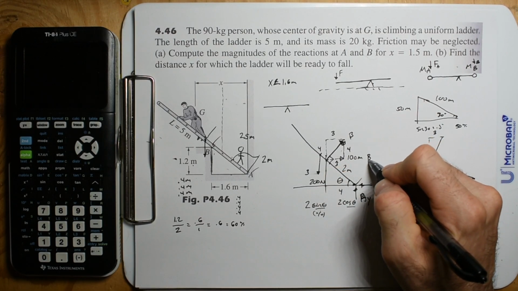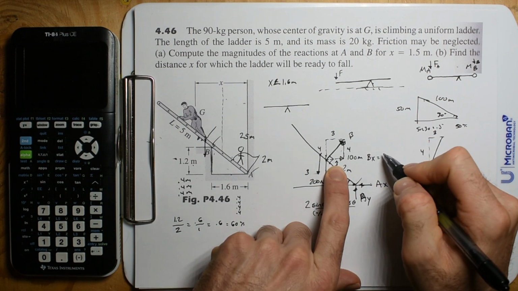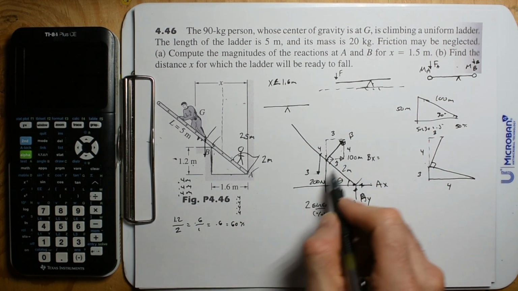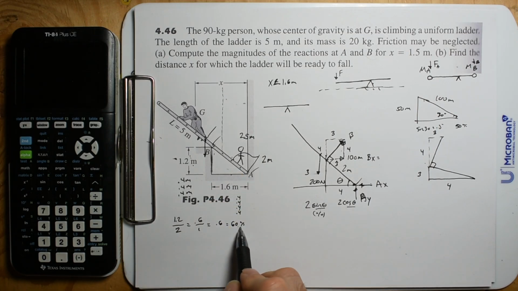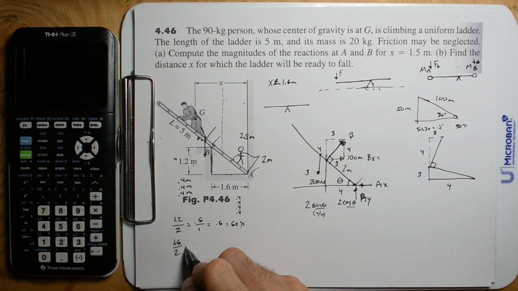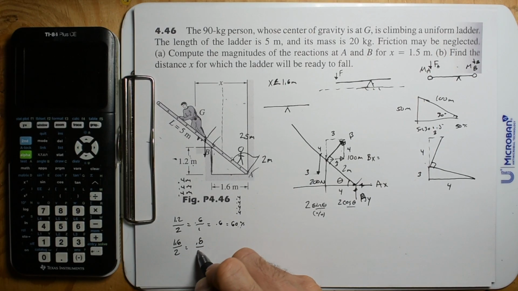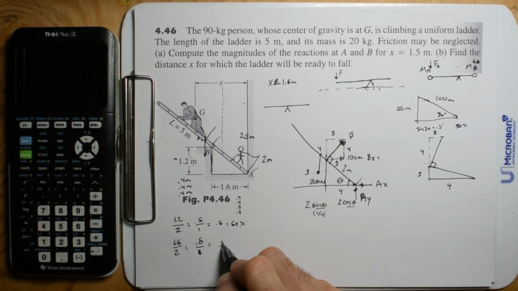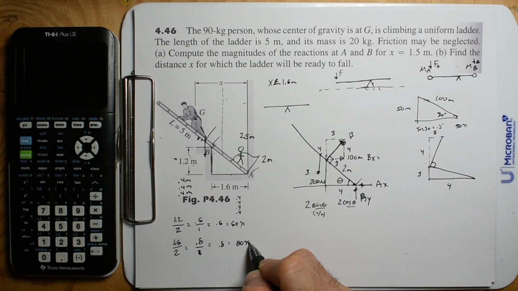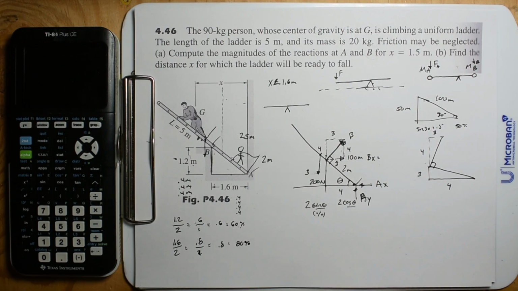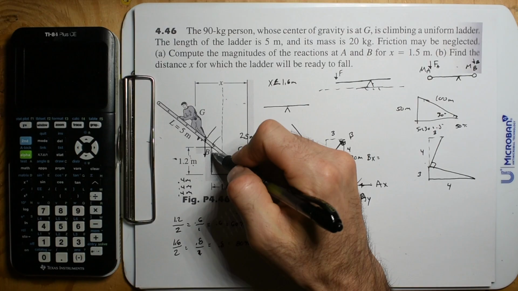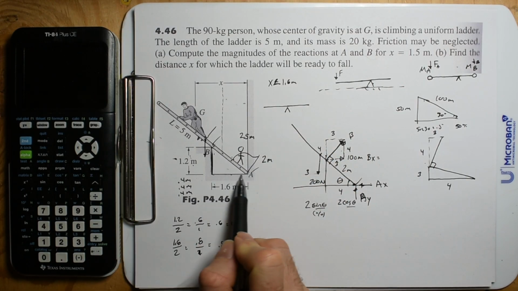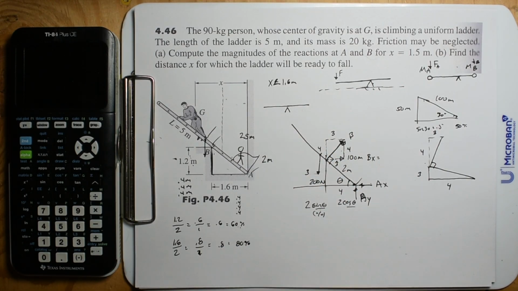So BX is going to be, and again, if this side was 60%, this side is 1.6 divided by 2. That's going to be 0.8 divided by 1, that's going to be 0.8. That's 80%. So I think it's useful to know that when you're dealing with 3, 4, 5 triangles, you have 60% on this side and 80% on that side.